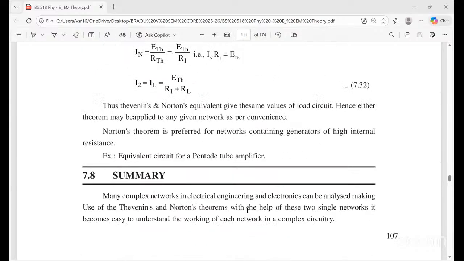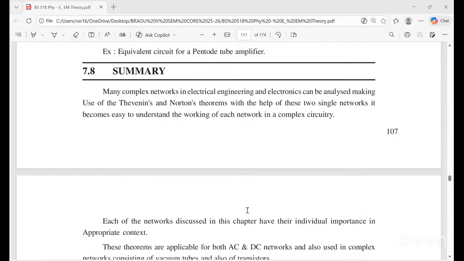This is the duality. In summary, many complex networks in electrical engineering and electronics can be analyzed by making use of the Thevenin and Norton theorems. With the help of these two single networks, it becomes easy to understand the working of each network.